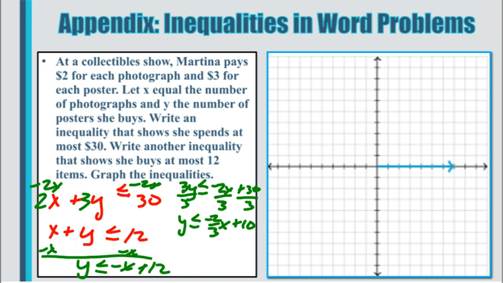So for this one, I'm going to count by 2's. Actually, I'll count by ones. This is 1, 2, 3, 4, 5, 6, 7, 8, 9, 10, 11, 12 would be up here.